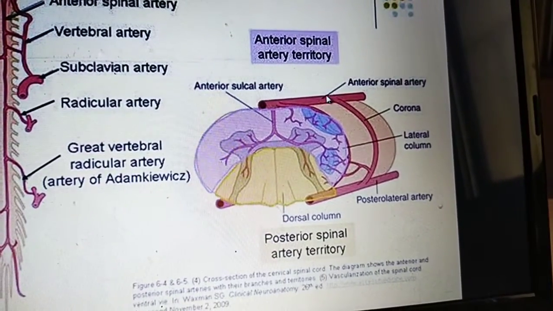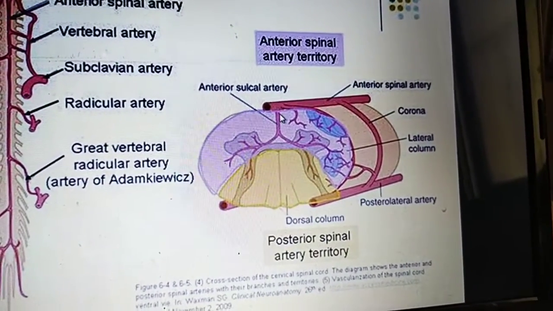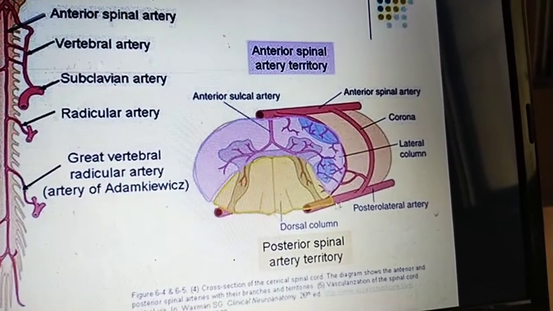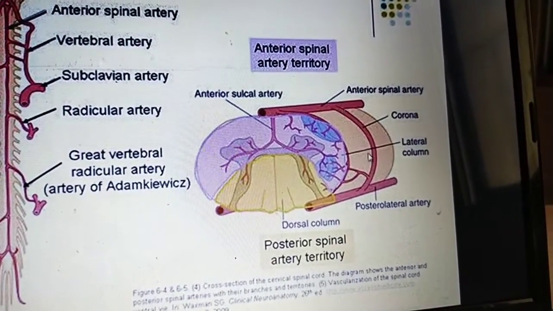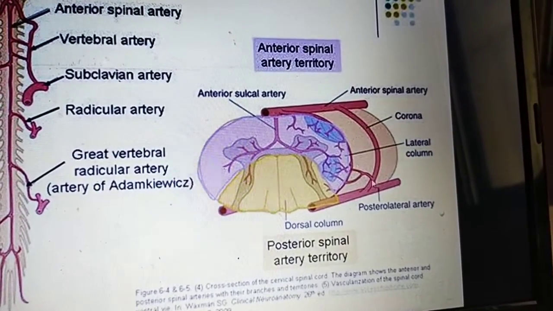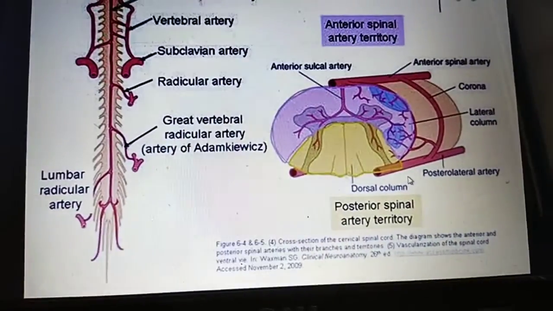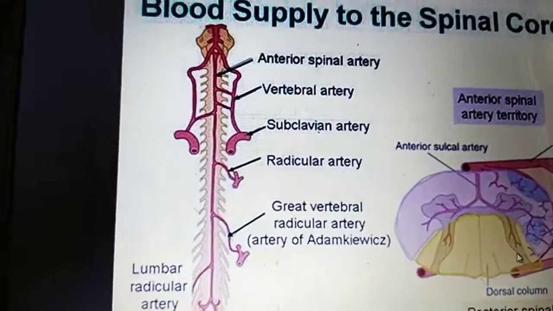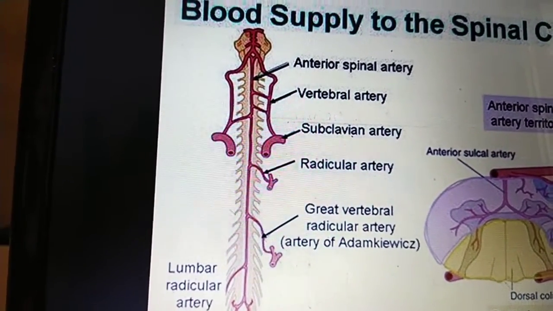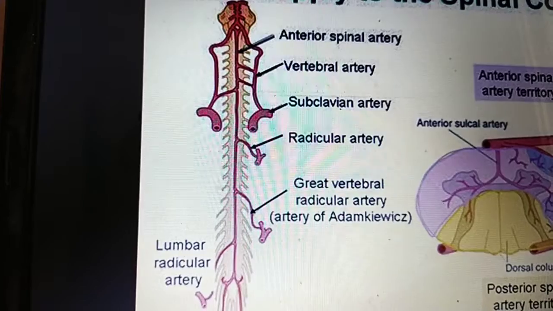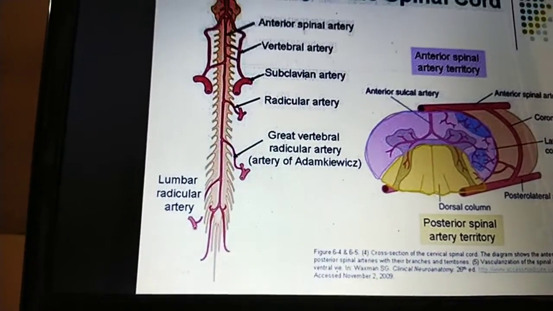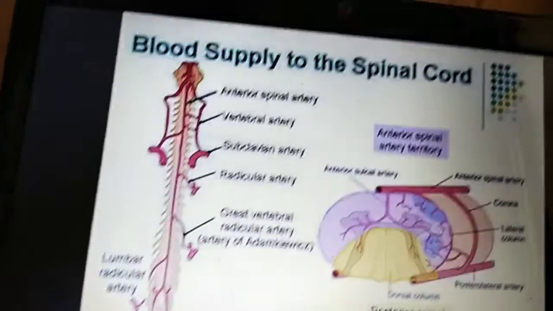The anterior spinal artery further gives branches, that is the anterosulcal artery. Then the anterior artery and posterior artery make an anastomosis and form the corona. And to the lateral columns, like that it gives the blood supply. Anterior spinal artery, vertebral artery, subclavian artery, radicular artery, great radicular artery, like that they go to the lumbar radicular artery.